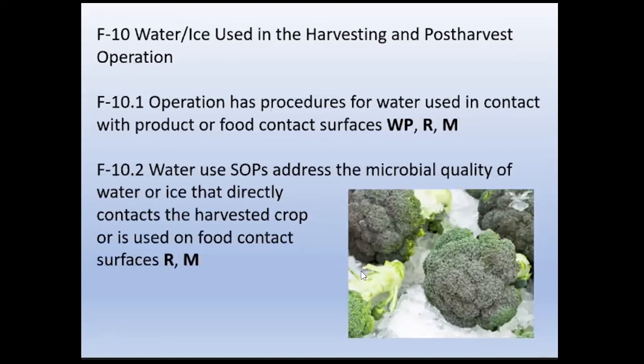So again, this is going to be where you have your water test in your pack house, determining its potability, records indicating where, if you use ice, where is your ice sourced from? Is it manufactured on site? Was it transported? And was it stored under sanitary conditions? So this is where you have to illustrate the fact that if you're using ice or using water cooling, that all of those checkpoints can be answered.